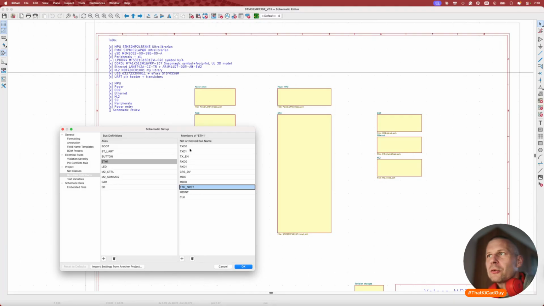So ETH1 underscore TXD0 or ETH1 underscore MDC, because it brings the quality, and it ensures that the names will not be mixed with another block, because there is always an issue and a risk of mixing label names.